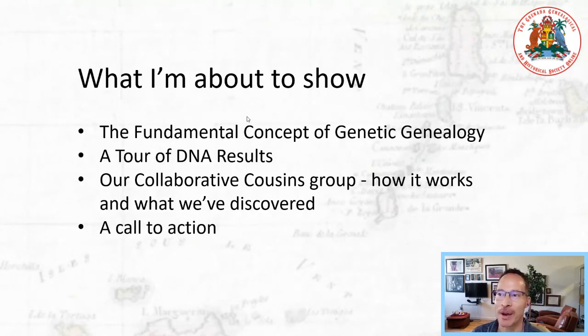I'll use my account and my father's account. And then I'll talk about our collaborative cousins group that we have created. A lot of our cousins, we all stem from a few family names that began on Canouan in the Grenadines, and we have gathered together and we are solving the tree together. And then at the end, I have a little call to action for everyone in the group.